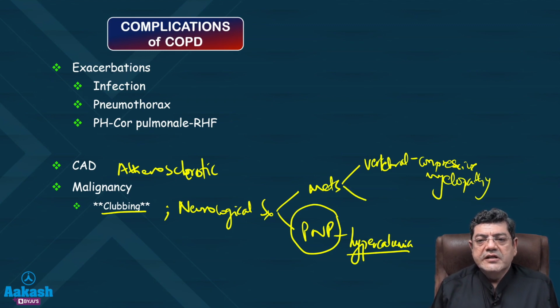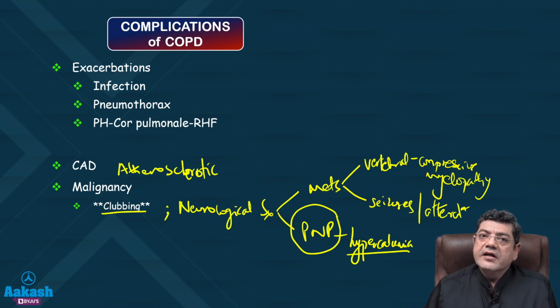Metastasis to the intracranial space can cause seizures, can cause a sudden recent change in behavior, alteration in personality, and depending upon where the metastasis has lodged and how big it is, it can cause all those features.